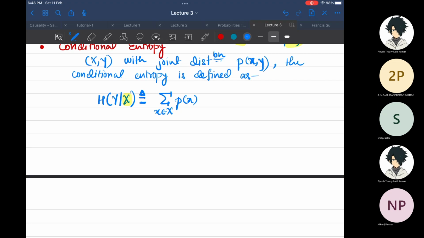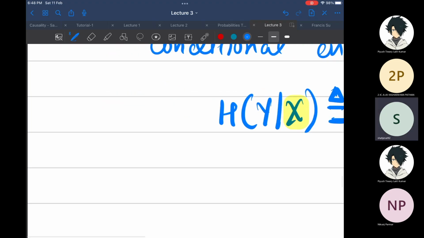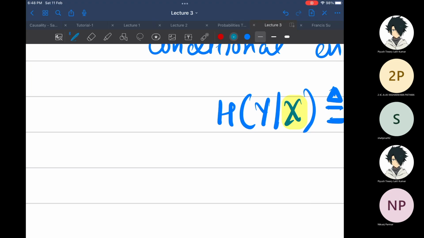Right, let me write it down here. If I write something like 2 is equal to 2, this means that there is an exact equality. If I write a is equal to 2, it means that a is some placeholder, and I am assigning the value of 2 to it.